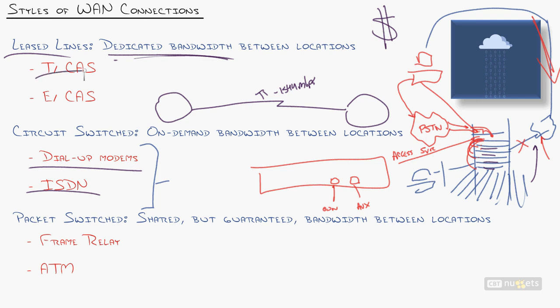Now, I gave 2 examples right here, T1 and E1 CAS. That stands for Channel Associated Signaling. That's just how it does it. And briefly, behind the scenes, these things are built with these channels known as DS0s. Anyone heard of that? Matter of fact, T1 is technically known as a DS1, which is 24 DS0s all bundled together. DS0 is a single channel. It has 64 kilobits per second.